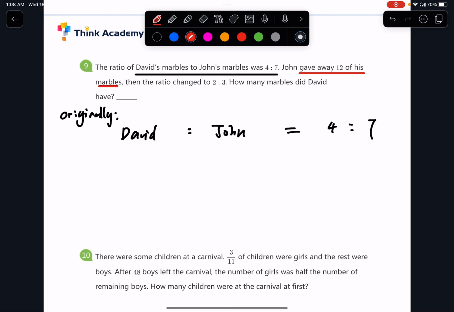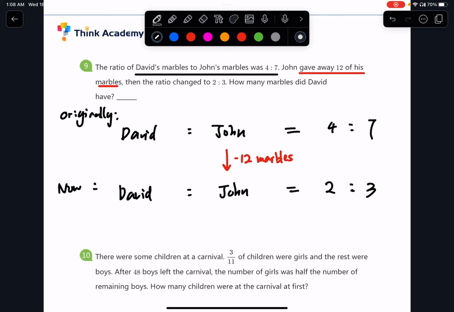So John lost 12 marbles. So how did the ratio change? The ratio changed, which means now David to John is 2 to 3. Okay, it's 2 to 3.